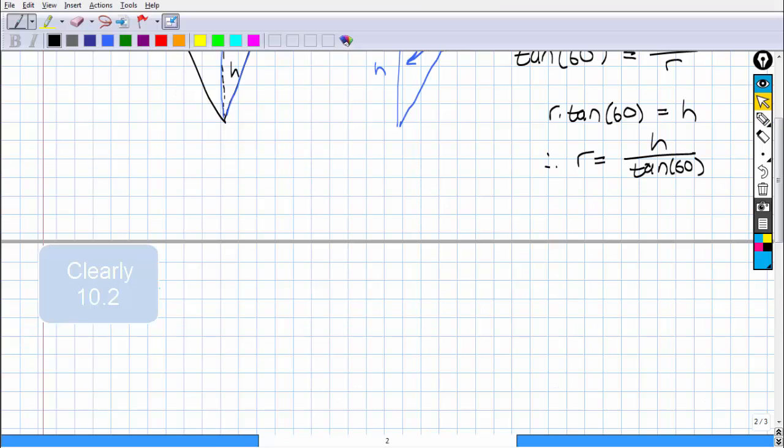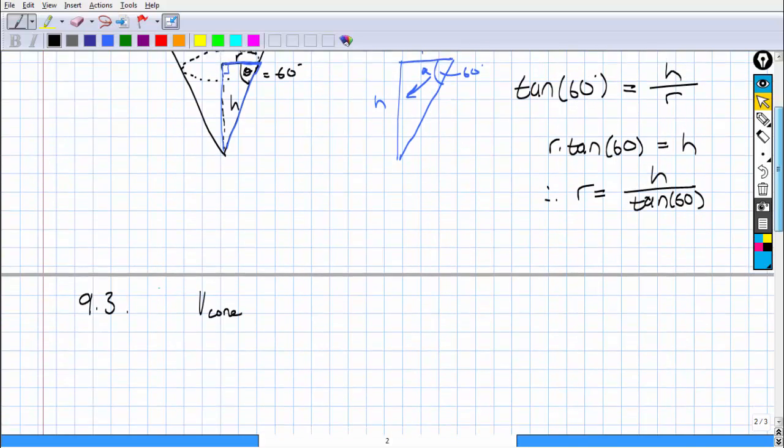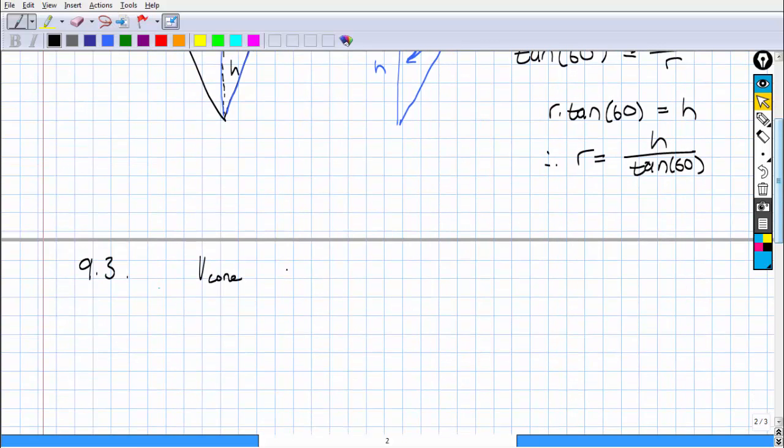So for 9.3, what they're looking for is they're saying, find the volume of the cone, and when we look at the volume of the cone, we know that it's 1 over 3 pi r squared times h. And just to note, a sphere is a 3D circle.